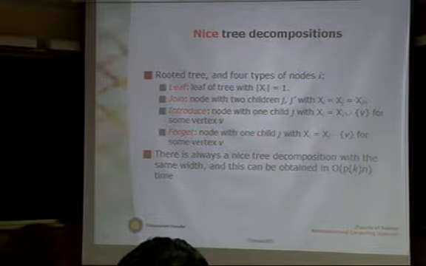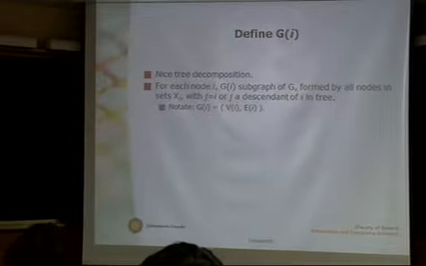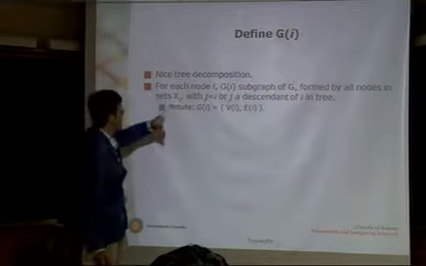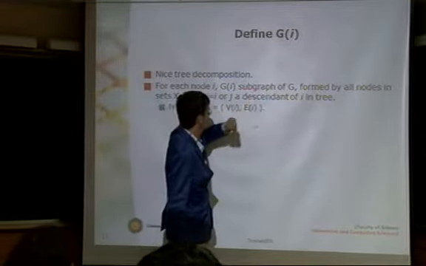Now a leaf node is just, I'm pressing the wrong button again. What I also do is for every node in my tree decomposition, I associate to it a certain subgraph.